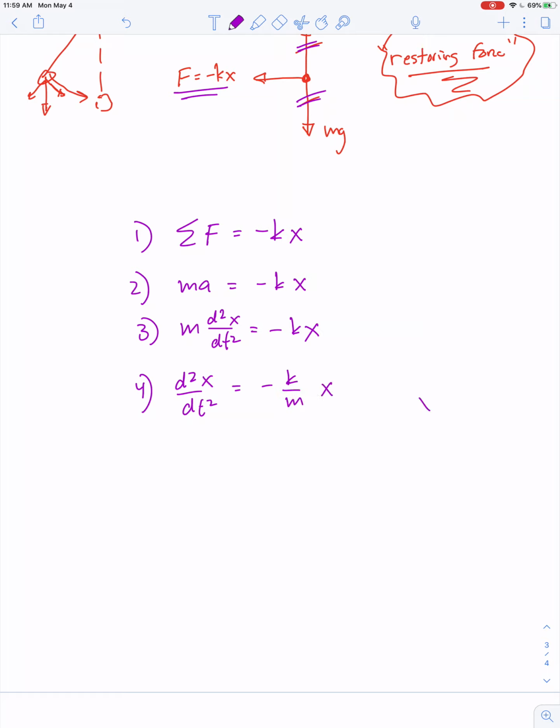Now keep in mind, x represents some sort of function of time. So are there any mathematical functions for which you can take the second derivative, and in doing so, the second derivative of that function is just equal to a negative constant multiplied by the original function?